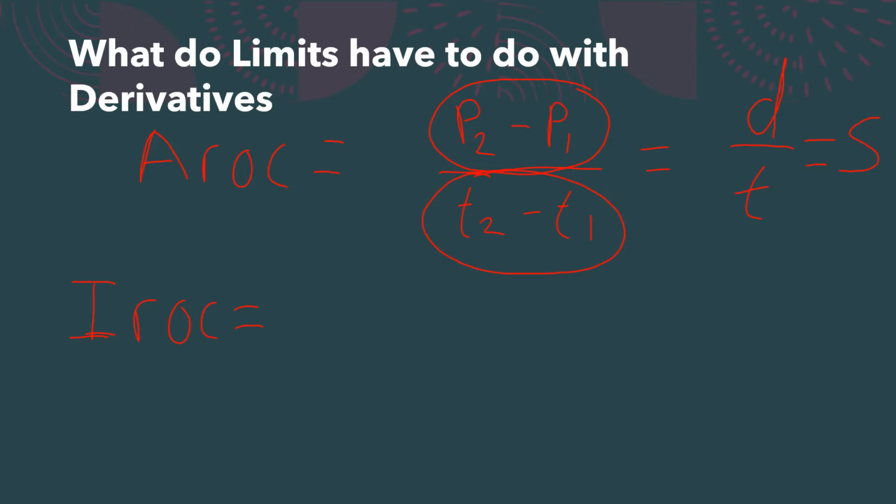It wants to say, at time equals 2, how fast are we going? How fast at that exact time?